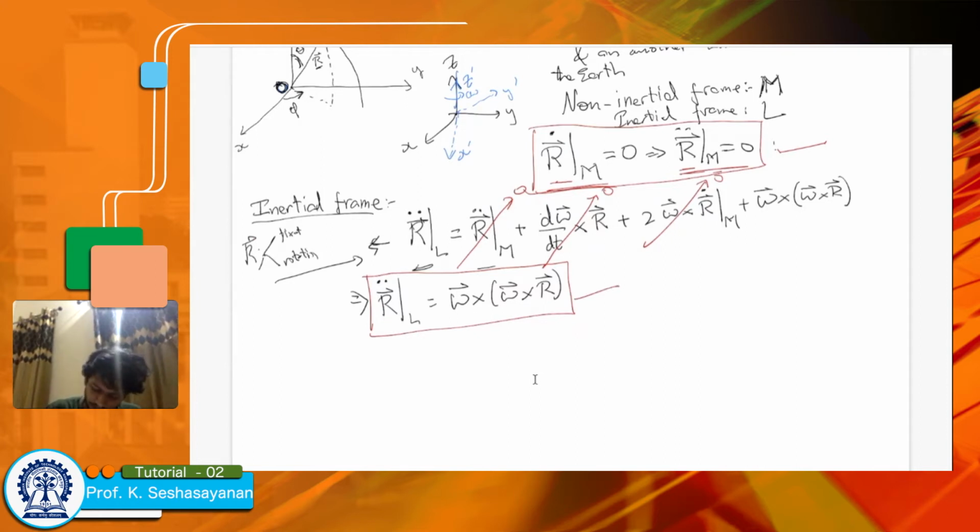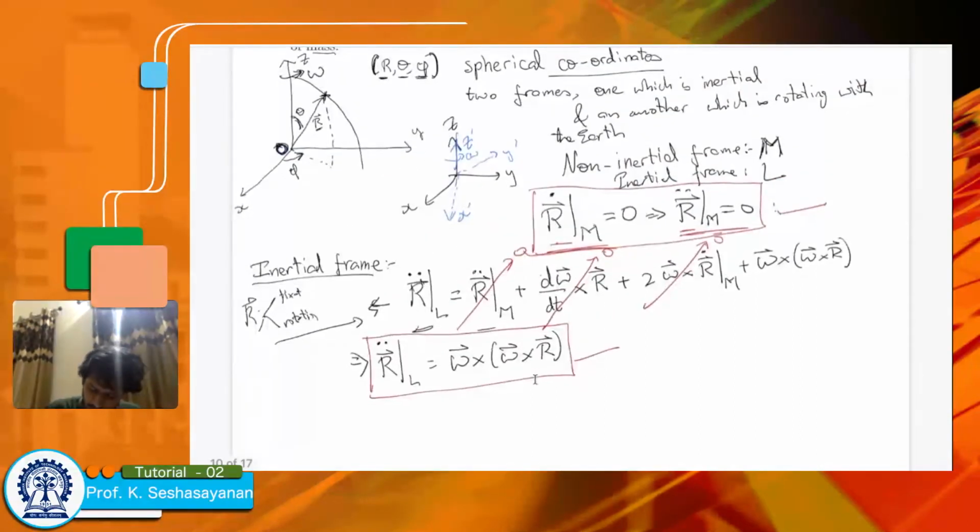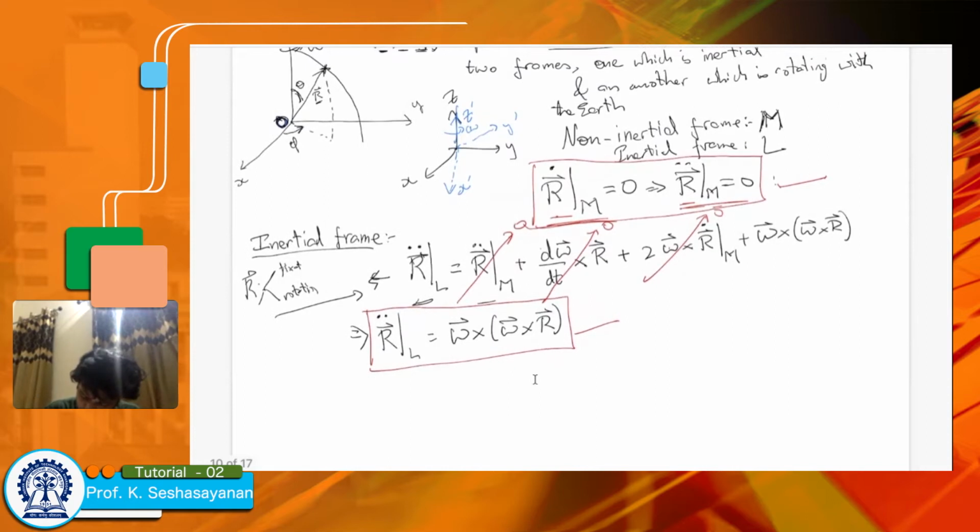So we can try to calculate what this is. Since we are using polar coordinates, omega is actually the rotation rate of the Earth, some numerical value, but it's along the z direction. Since the axis is along the z direction, everything rotates about z. So omega vector is omega times Ez hat, and R vector is nothing but the radius of the Earth times Er hat.